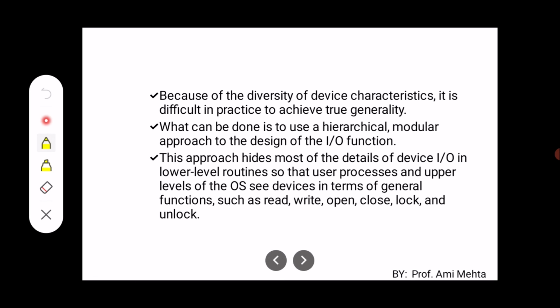So basically, the user cannot know the details of the inner levels of the operating system, but only sees general functions such as read, write, open, close, lock and unlock. So this is all about how DMA works in the operating system and what the design issues of the operating system are. Okay, thank you.